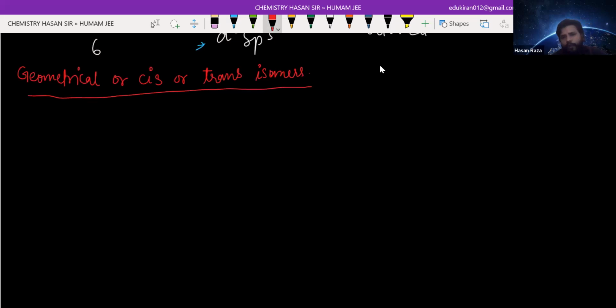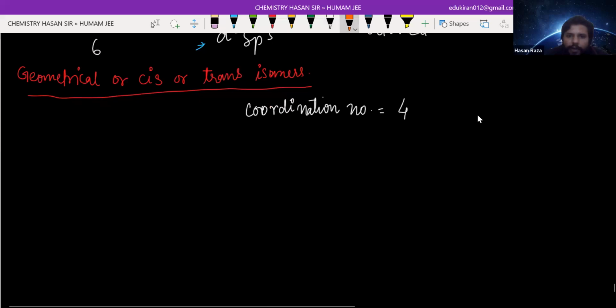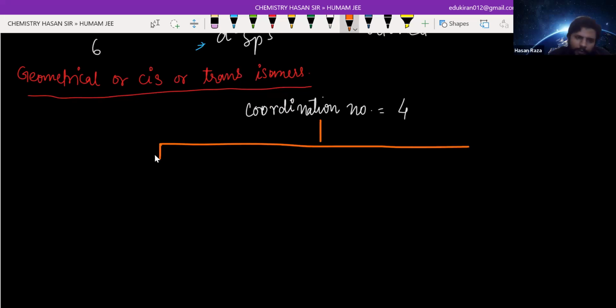As I told you, we are going to study only the coordination numbers which are in our syllabus. In our syllabus, the first one was coordination number equal to 4. Due to this, you have two types of geometry.